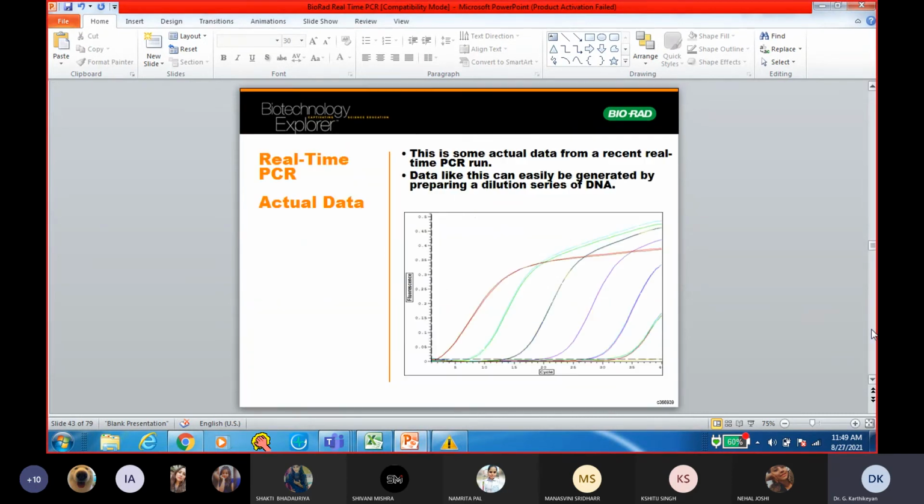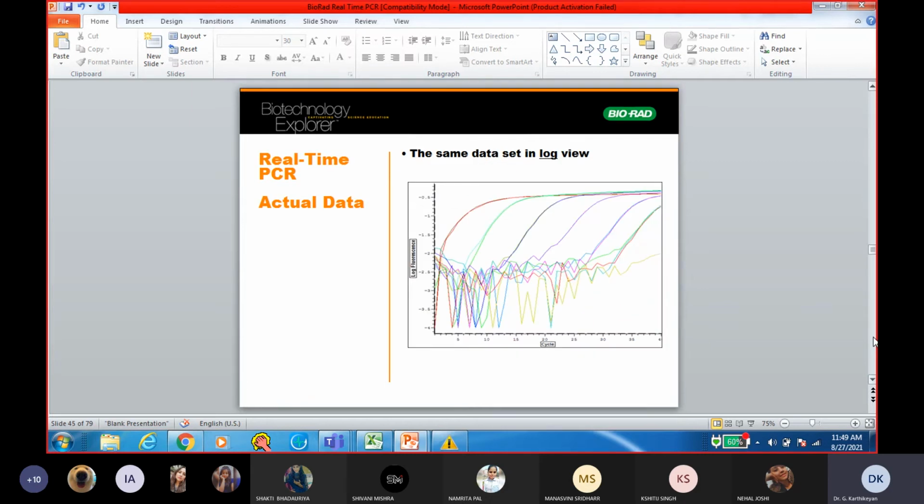How does real-time PCR data look? From a real-time PCR, you will see a very different graph. This is the cycle number ranging from 0 to, people go up to 40 cycles, but it is not necessary, and then you have these different fluorescence intensities.